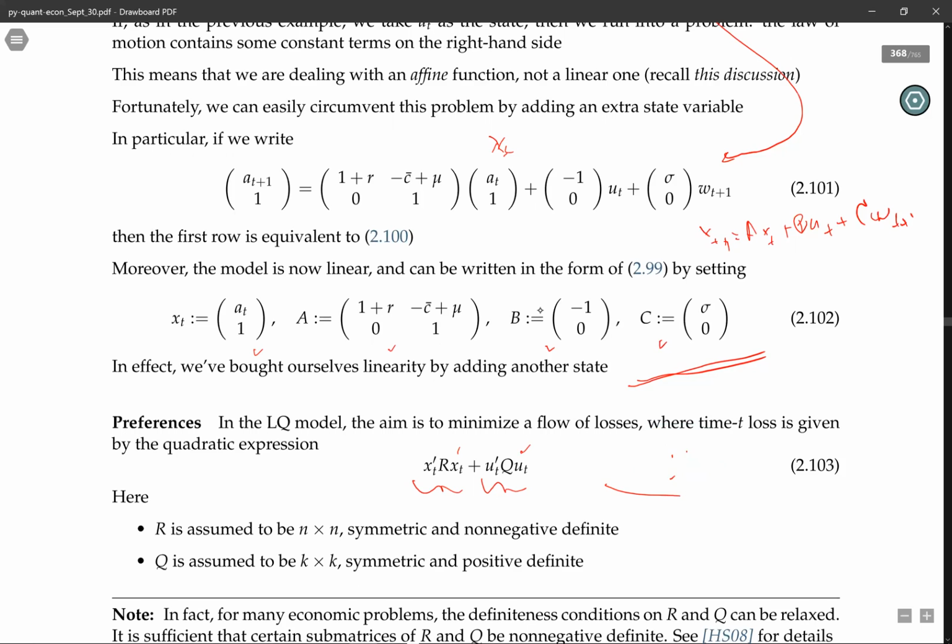I'll just advise you, if you ever encounter a problem that has that feature, it's okay. And we're going to assume that R is a symmetric, non-negative definite matrix. And what that means is that this term is non-negative, and Q is non-negative. Q is going to be a symmetric, positive definite matrix. So this term is positive. And what we want to do is minimize it.